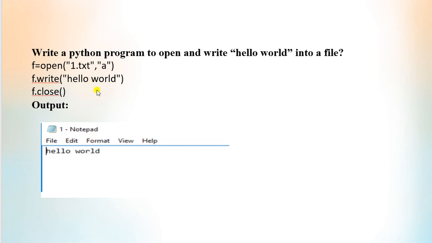After writing the file we have to close the file using the close function. f is the file object. So the output is like this. We have a file 1.txt, opened in Notepad. The content hello world is written into the 1.txt file.